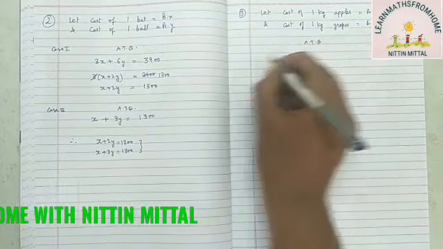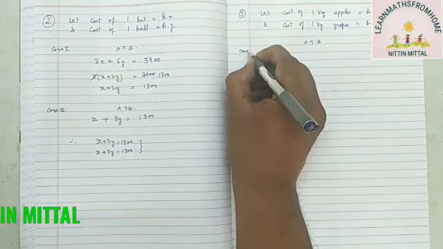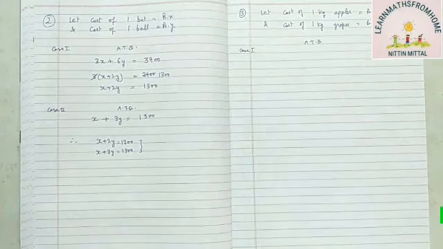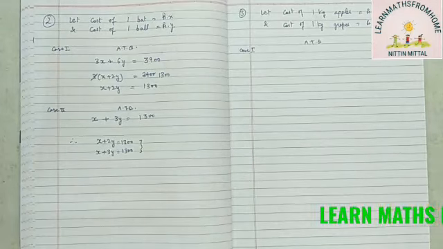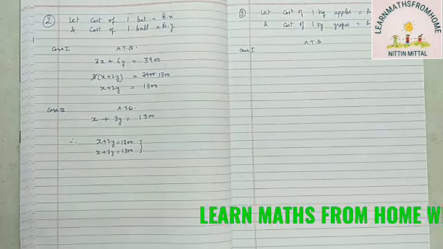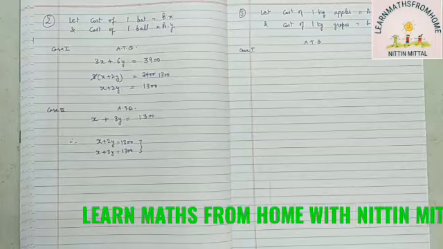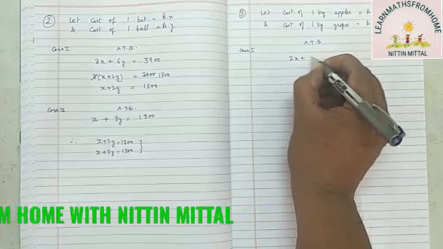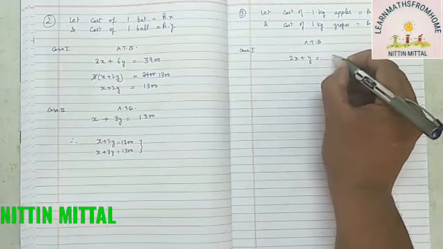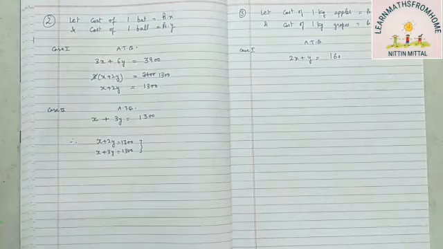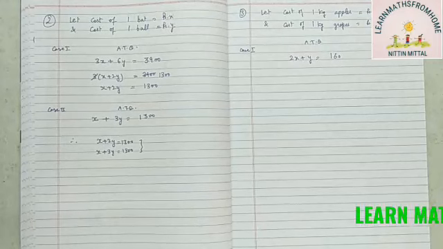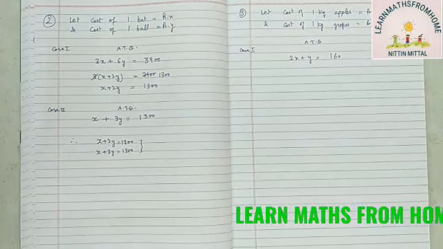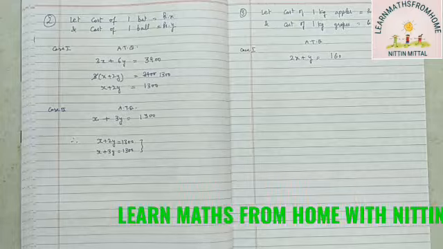Case 1 according to the question. These are very simple questions, general questions. So they are saying 2 kg apple, 1 kg grapes, cost will be 160. So 1 kg apple is x, so 2x plus 1 kg grapes y equal to 160. Very easy question. So linear equation in two variables is there. 2x plus y equal to 160. Case 2.